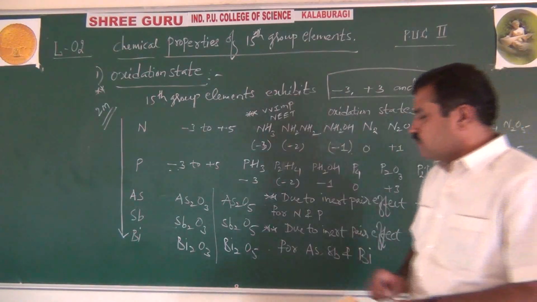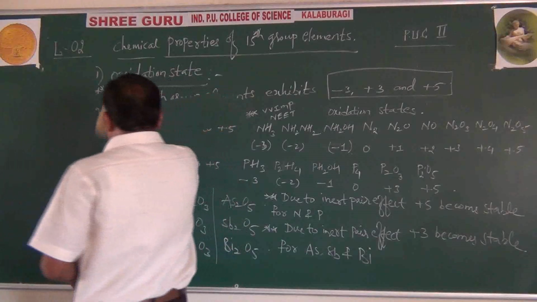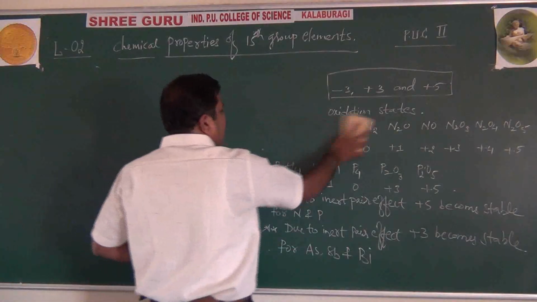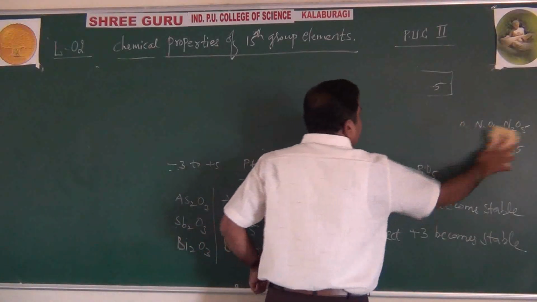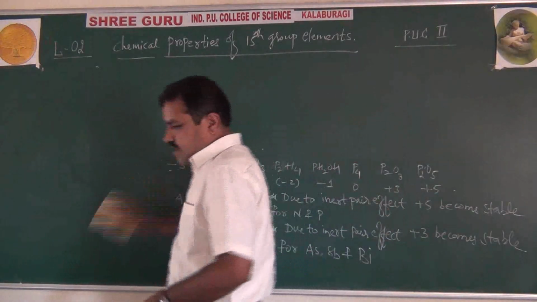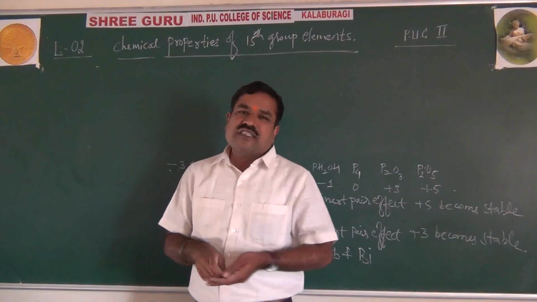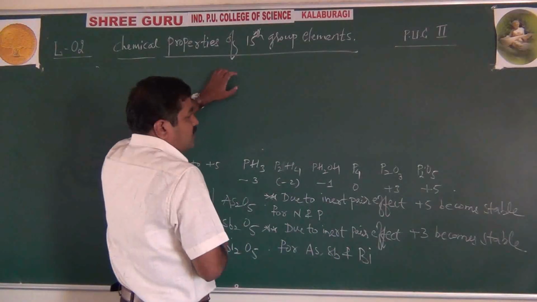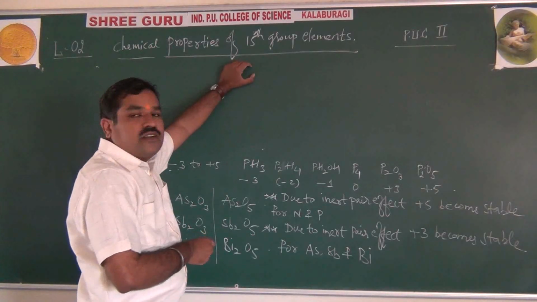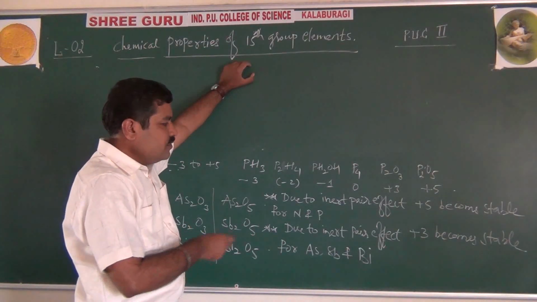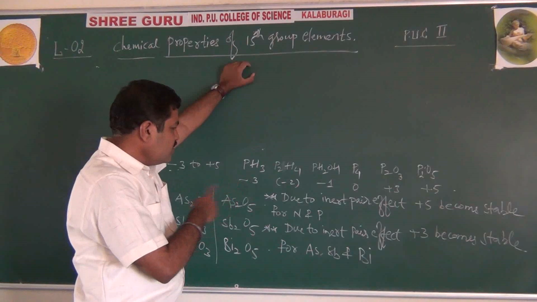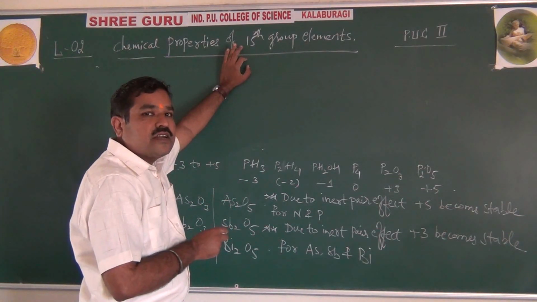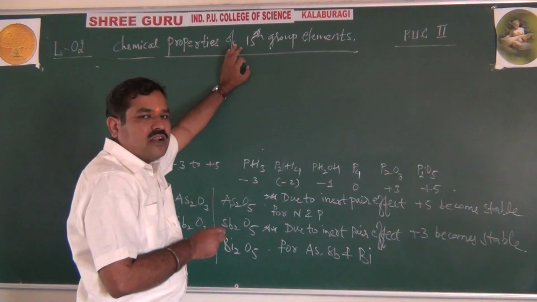Now, another point to be noted. If they ask you to explain the oxidation states exhibited by group 15 elements, it is compulsory to write first that they generally exhibit -3 to +3 to +5. It is not necessary to write all these examples; this is extra information I am giving you for NEET purpose, CET purpose, and even JEE Main.